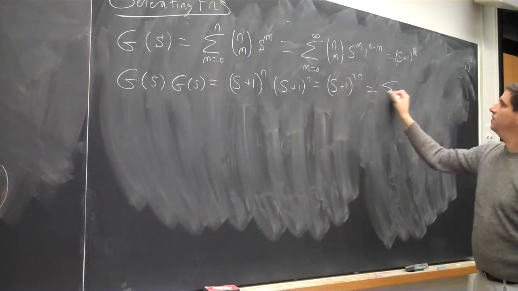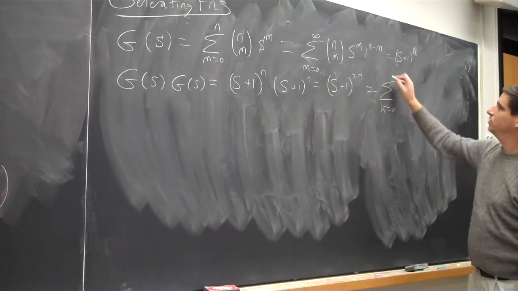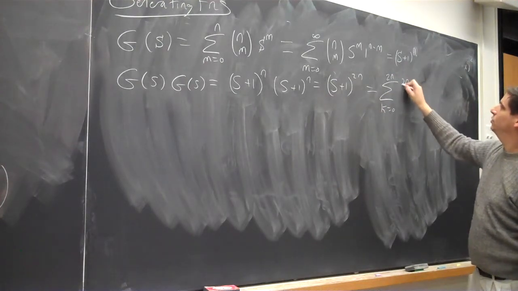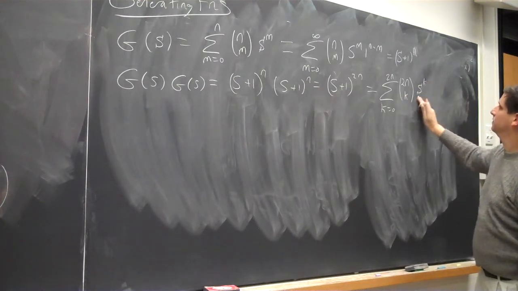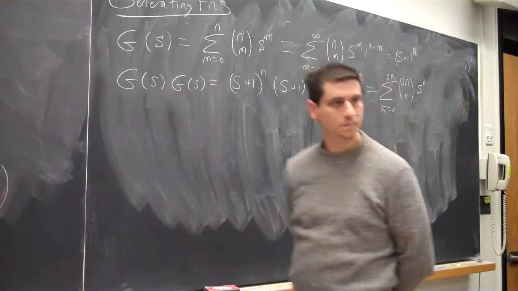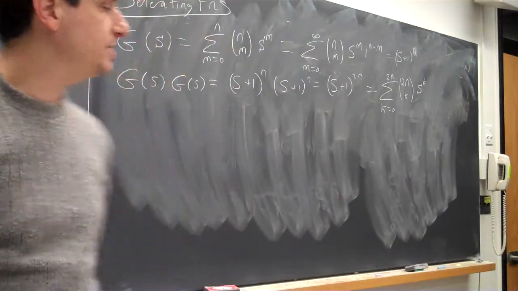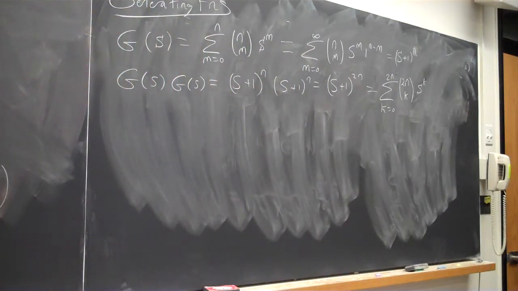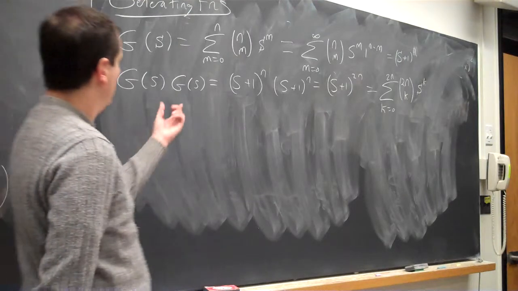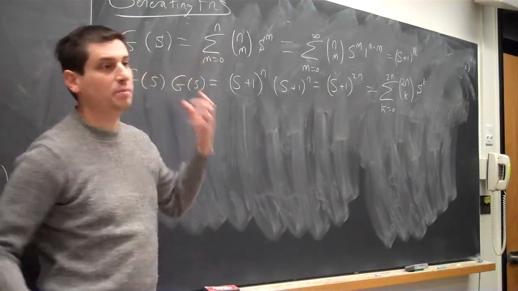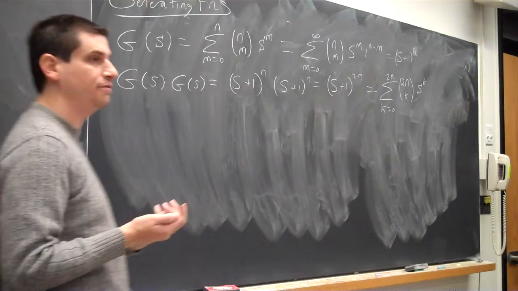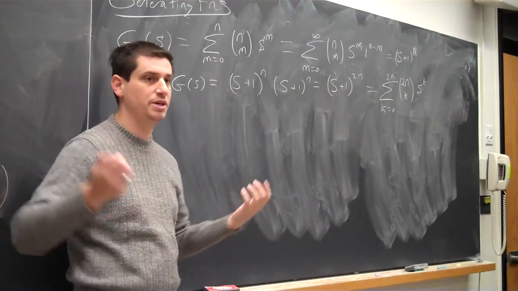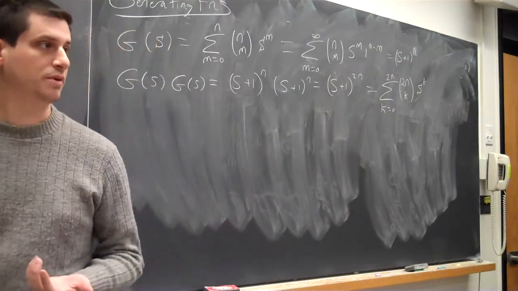So this is then the sum, k goes from 0 to 2n, of 2n choose k, s to the k. And now we're almost done. We've talked about what happens when I multiply generating functions. If I have two independent random variables, the product of the generating functions is essentially going to be the generating function of their sum.